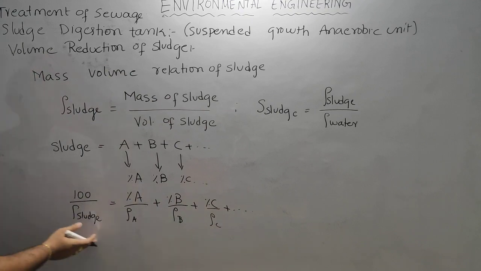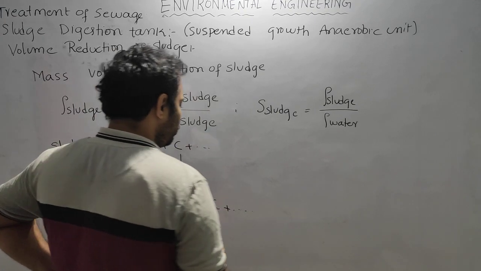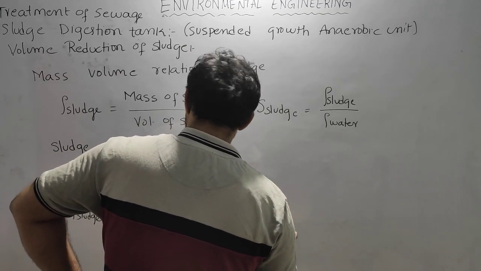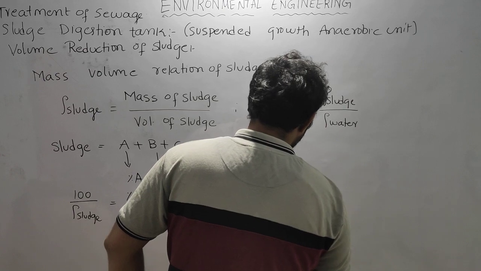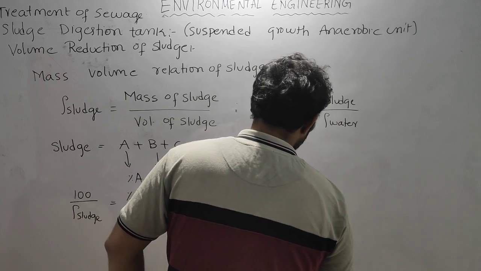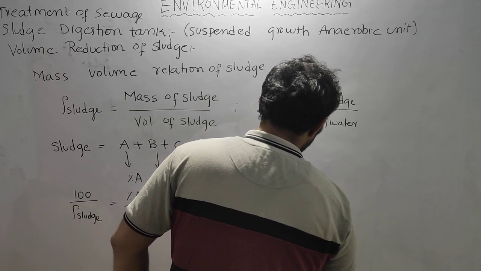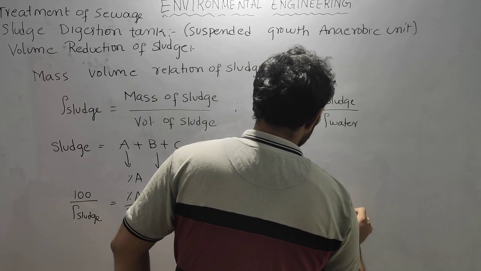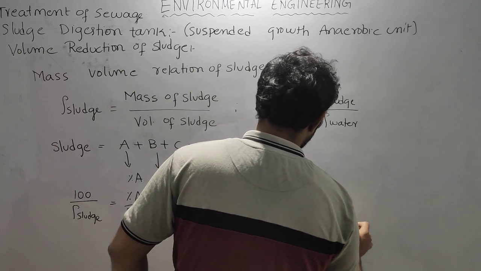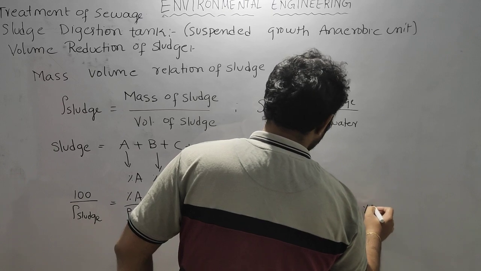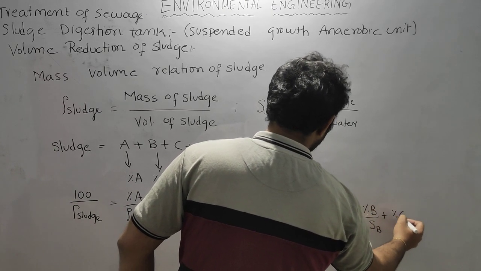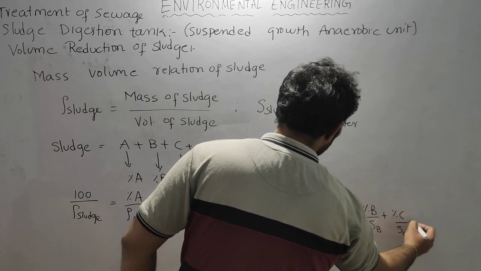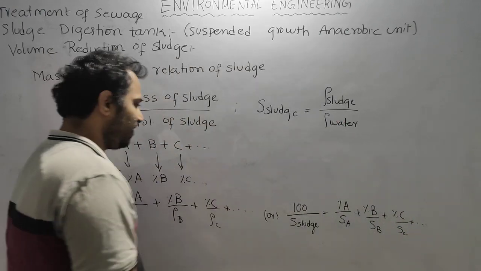Either we can write this formula like this, or we can write the formula in terms of specific gravity also. The specific gravity of the sludge is equal to percentage A and the specific gravity of A, percentage B and the specific gravity of B, and percentage C and the specific gravity of C. So likewise we can write the equation.